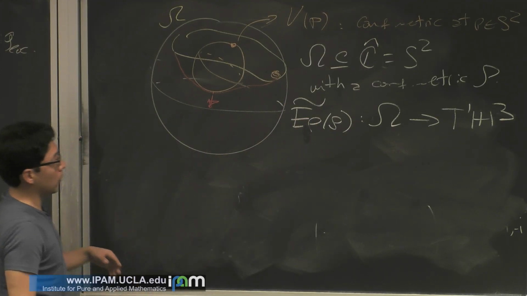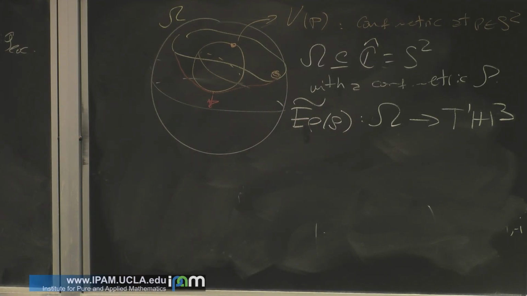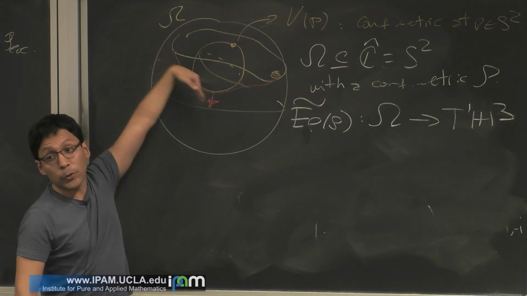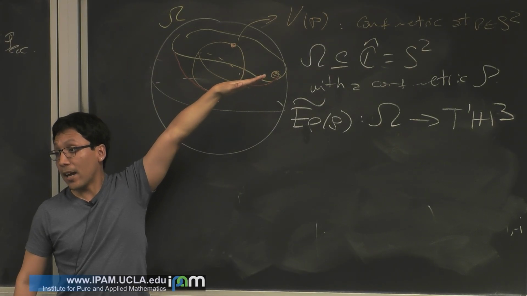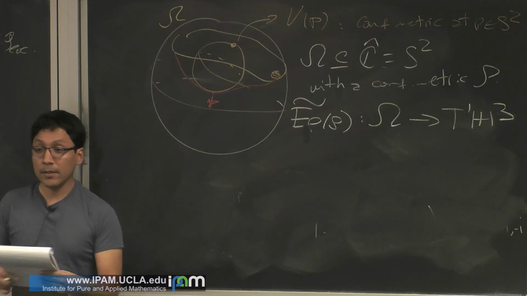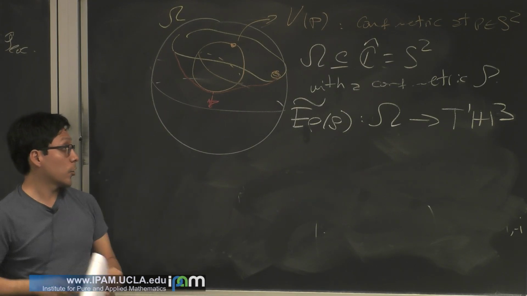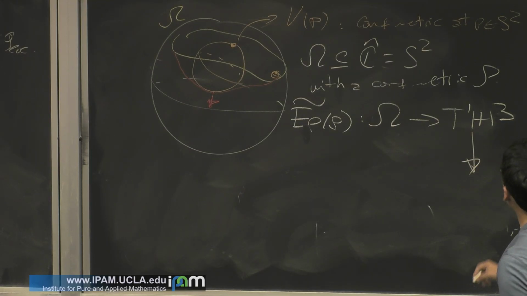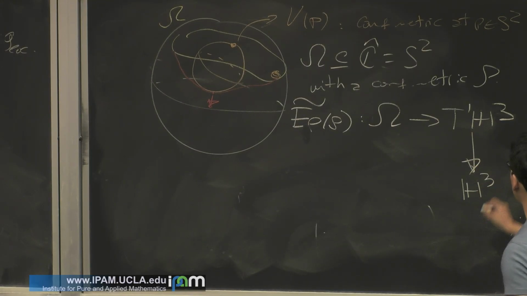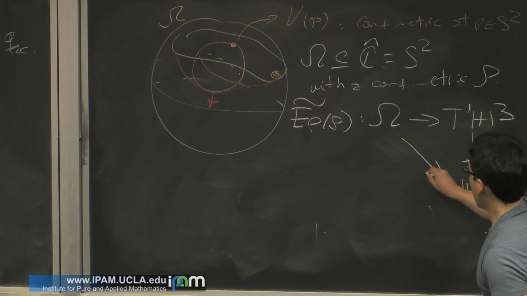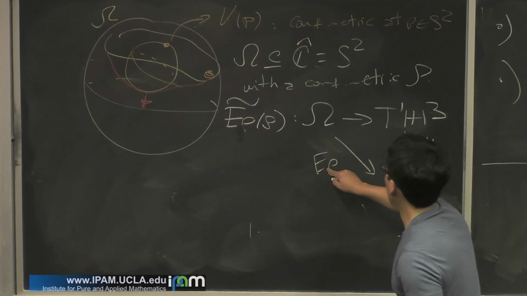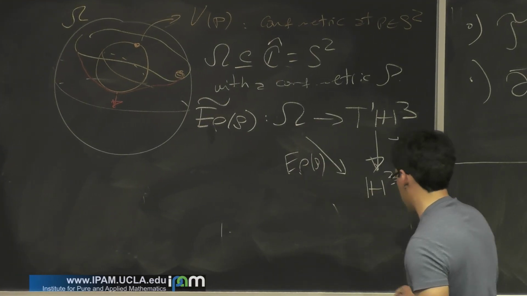I won't write it because it won't mean much for us, other than telling you there is a very precise map that takes conformal metrics in here and gives me Gauss maps of surfaces. So it gives me data of not only a surface, but a choice of their normals. Of course, the unit tangent bundle of H3 has its projection map to H3, and this composition is what a lot of times we call an Epstein surface associated to the metric.